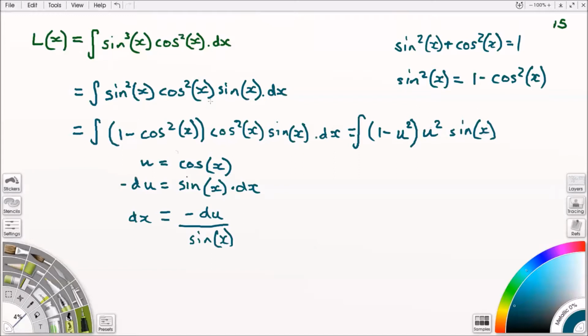That's why we wanted to get it to the point where we just had cosine here, because then we can make cosine equal to u, then get rid of the one trigonometric identity that doesn't have the u in it. Sine has the x in there, so we can put dot du in there.